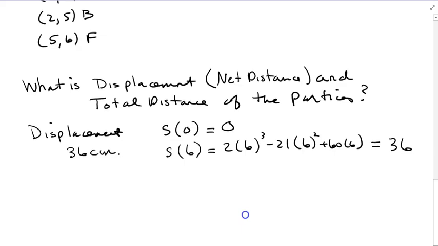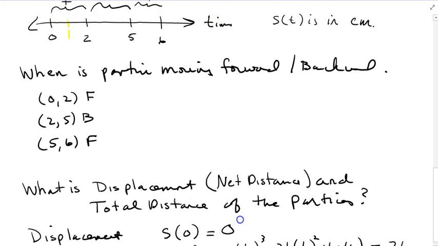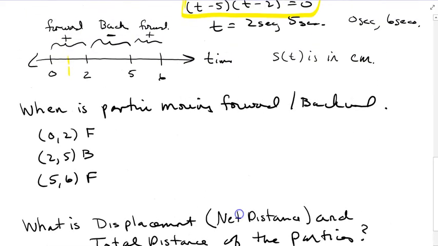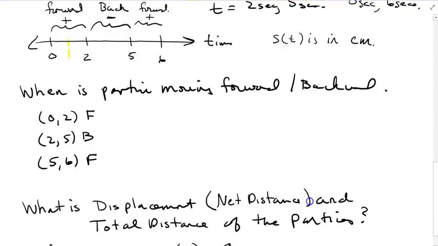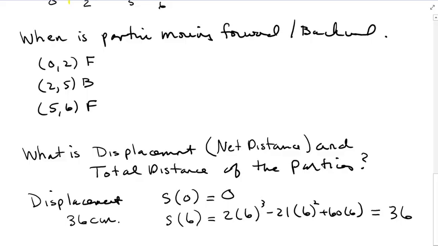That's displacement. But we know that, wait a minute, our particle moved forward for 2 seconds, then it moved backwards for 3, and then it moved forward for another second. And while it might have ended up 36 centimeters from the beginning, it moved a lot more within those intervals.